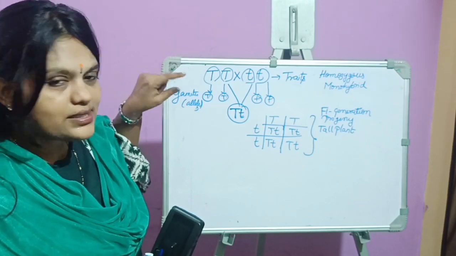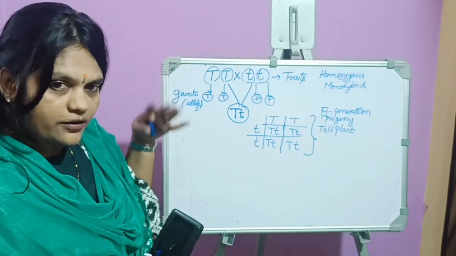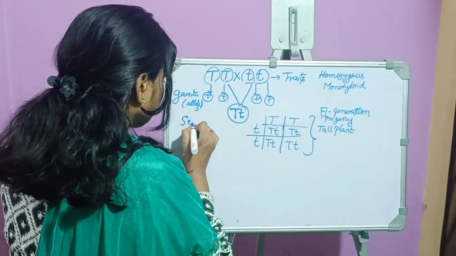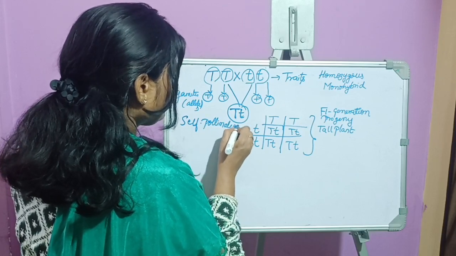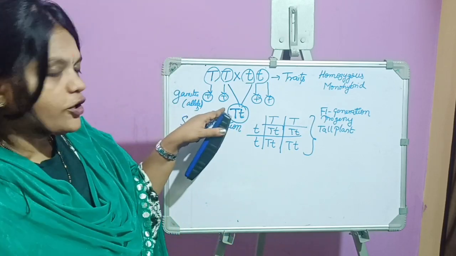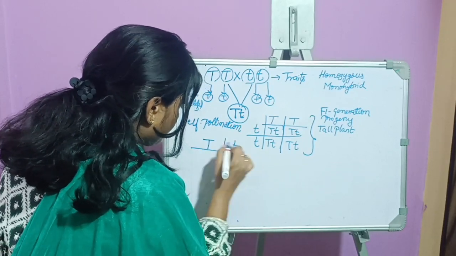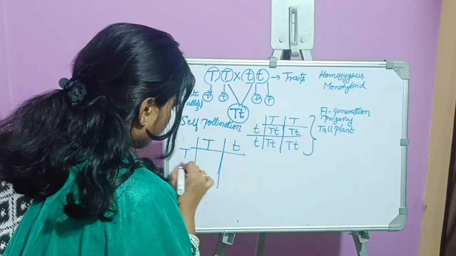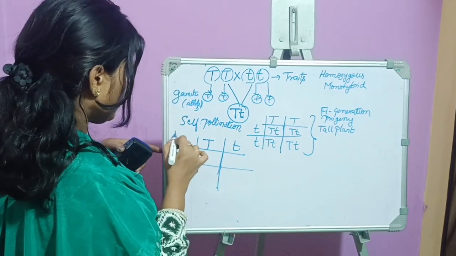In order to understand that, Mendel continued his experiment further. Through self-pollination, he took the offspring, and this is the F2 generation.